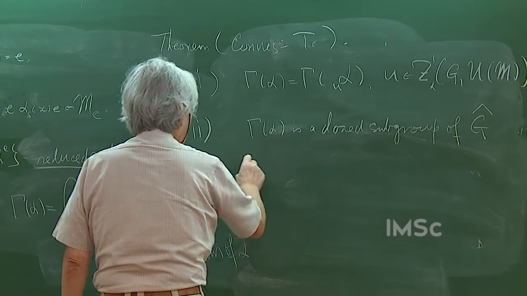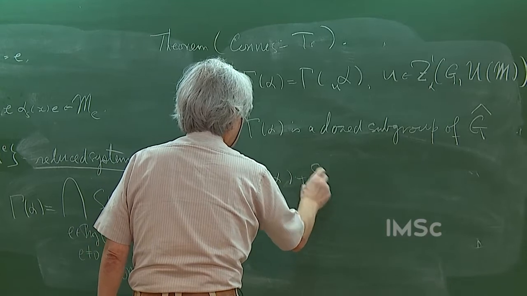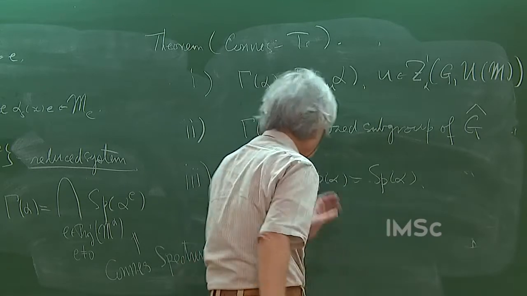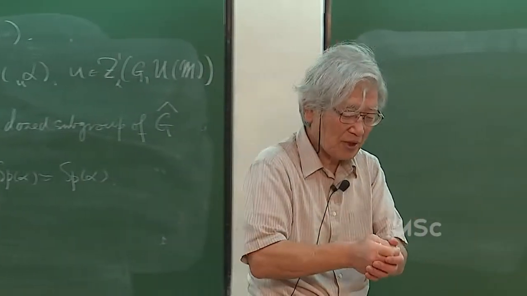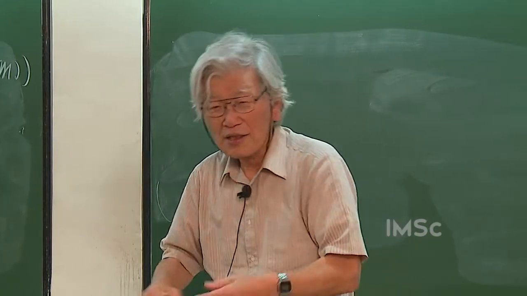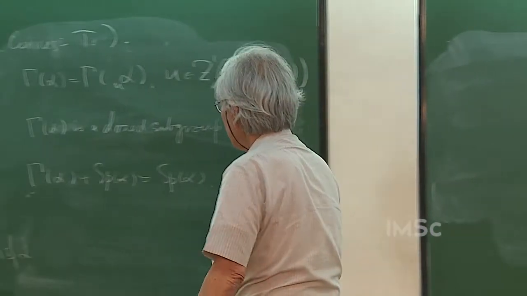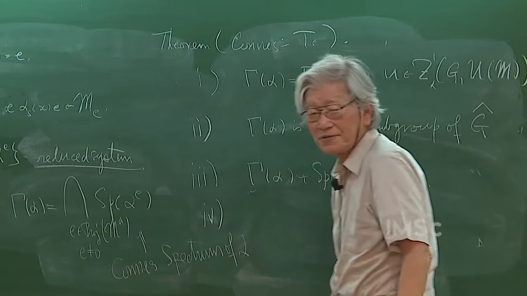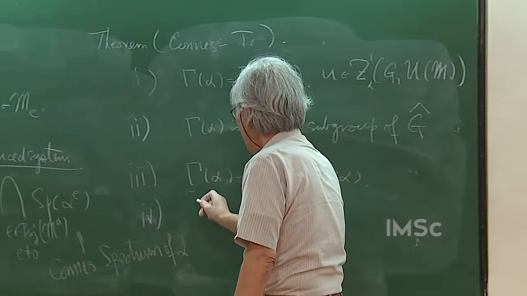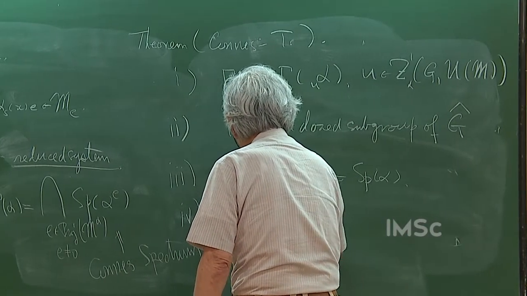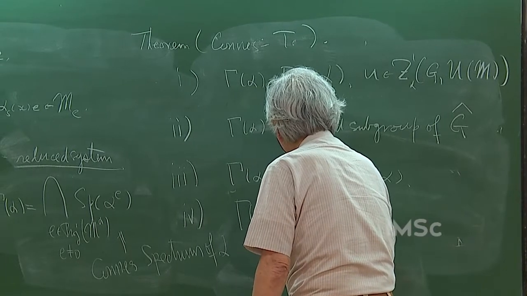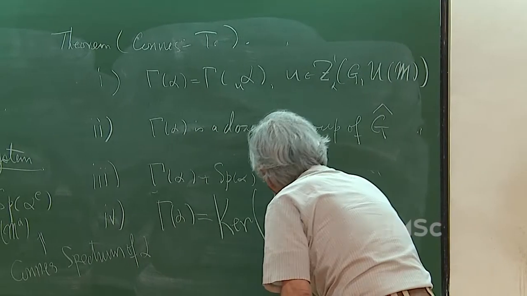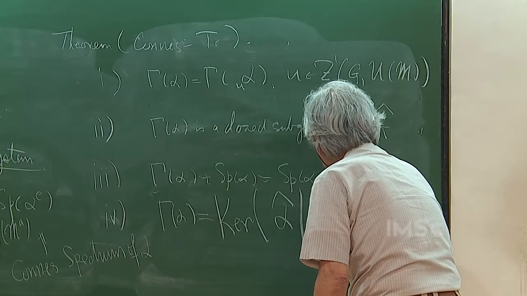That's an immediate consequence of this theorem, right? Number three, gamma of alpha plus the spectrum of alpha is the spectrum of alpha, unchanged. So the gamma of alpha is small enough that it does not alter this; it leaves it invariant. Number four, gamma of alpha equals the kernel of the dual action restricted to the center of the cross product.